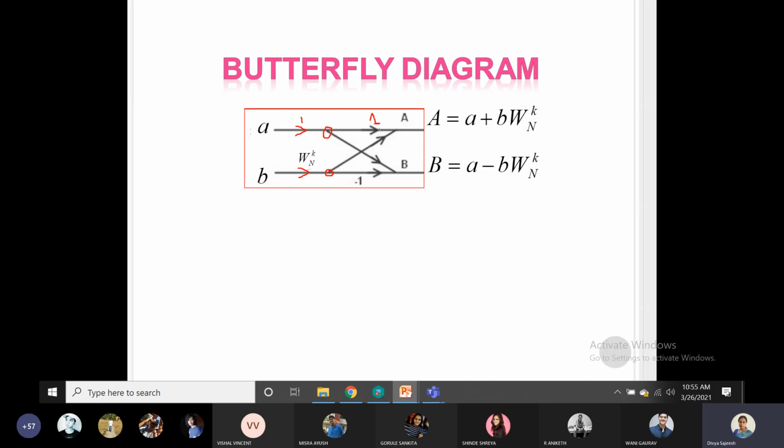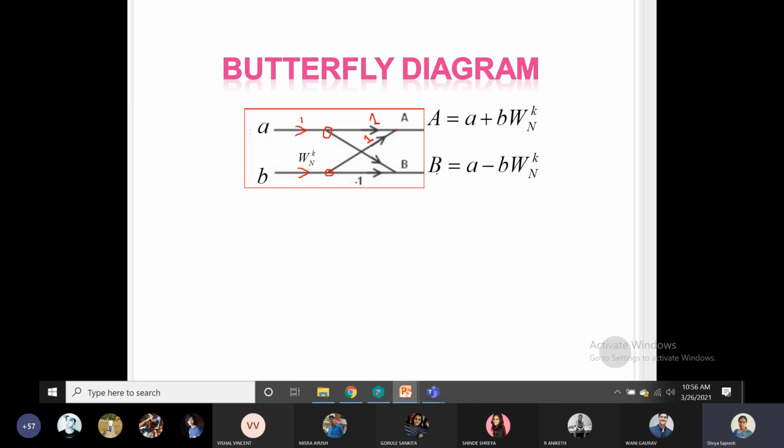So a into 1 gives a here. This branch also is not mentioned, so we assume its magnitude as 1. The input already came as b into W_N^k, so b into W_N^k plus a gives the output, which is the capital A.